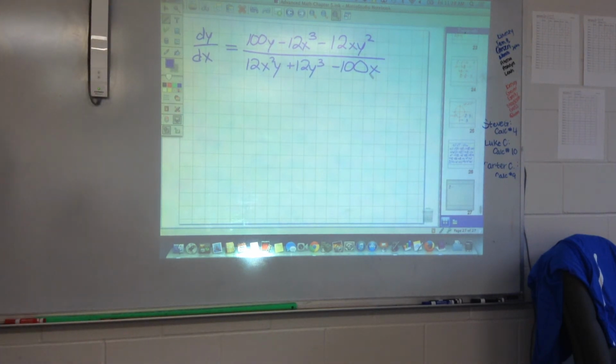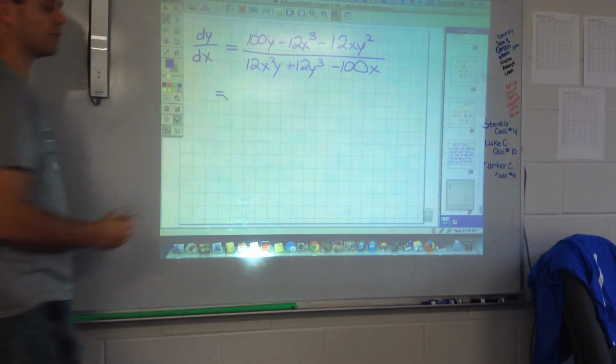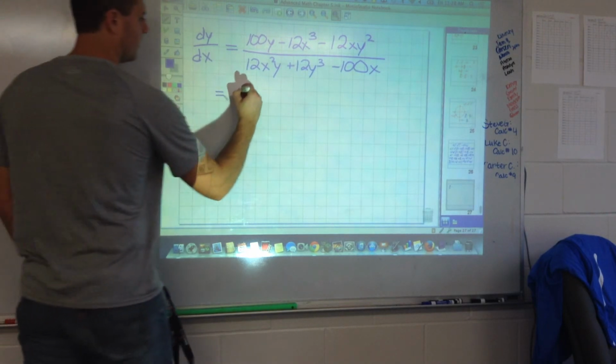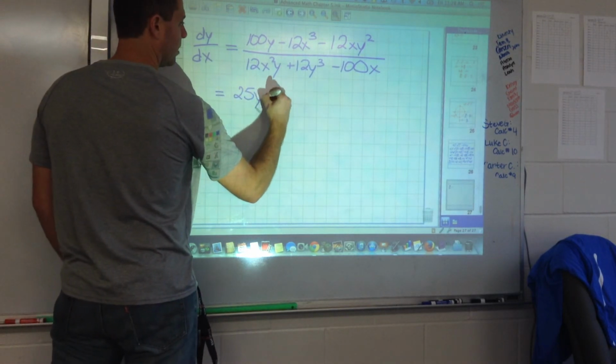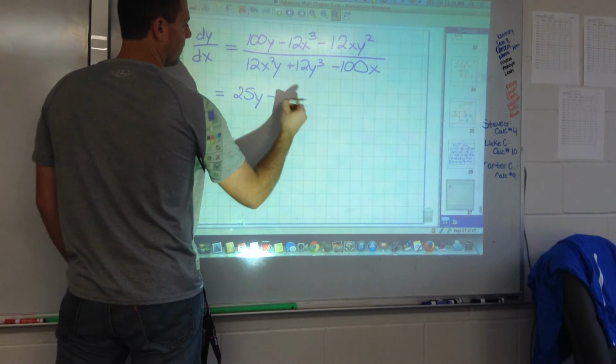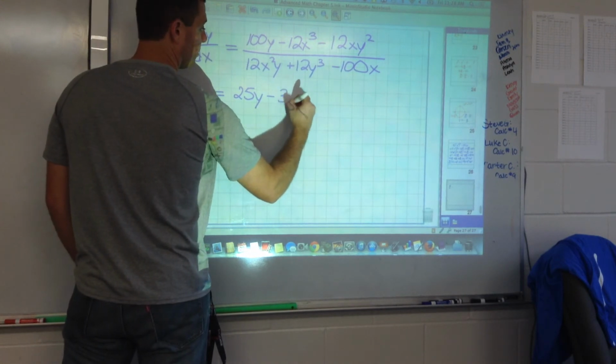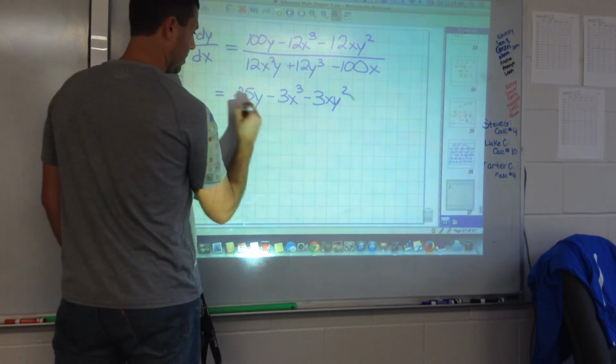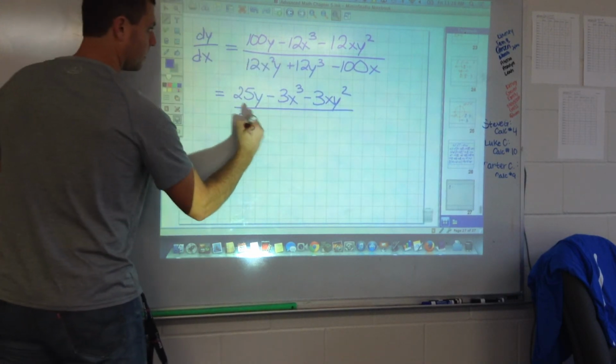And then, if the directions say to simplify as far as you possibly can, you would want to divide everything by 4. So divided by 4, that'd be 3, 3, 3.